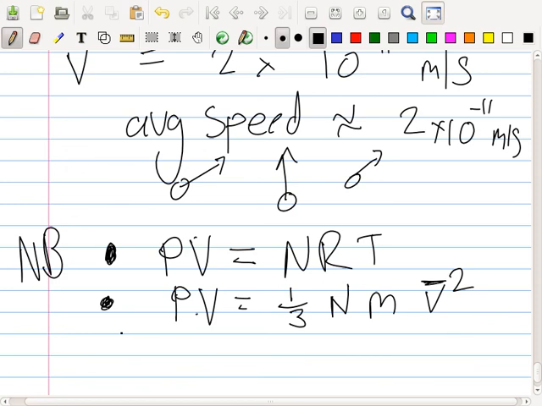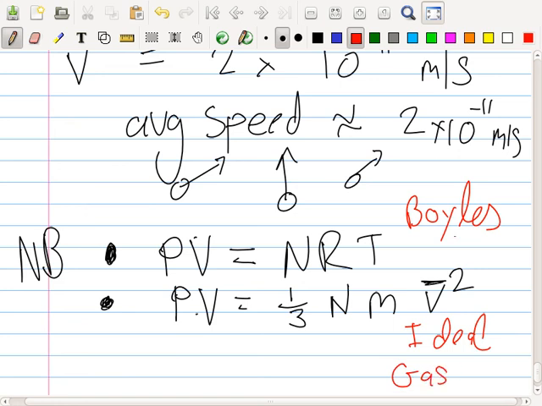I'm just saying these are the two rules which I did in this class which are important. This one is Boyle's, and this one, what's this one called? This one's ideal gas law, I suppose. It's called ideal because it's not perfect, it just means it's roughly true.